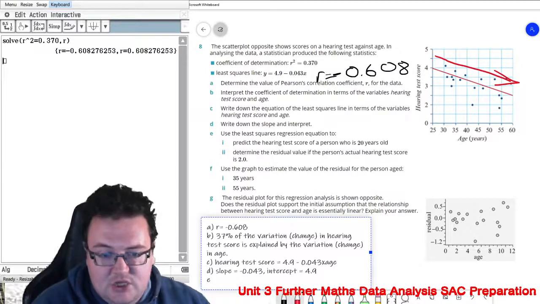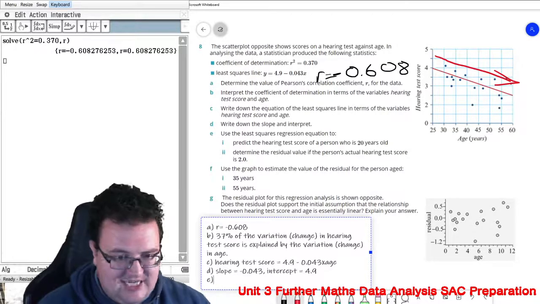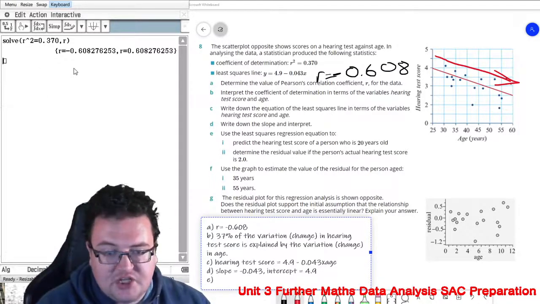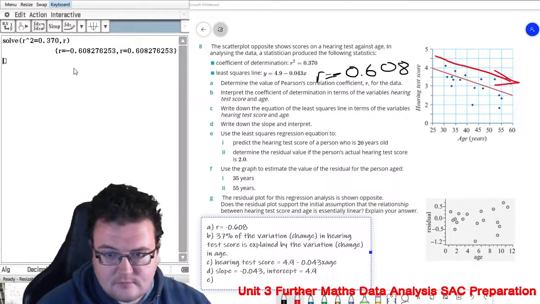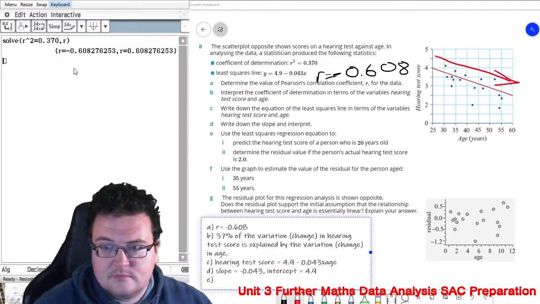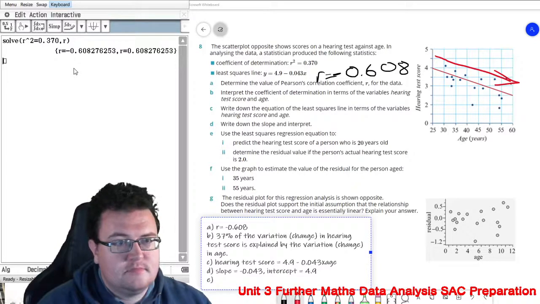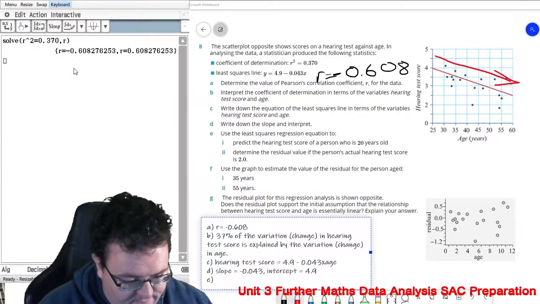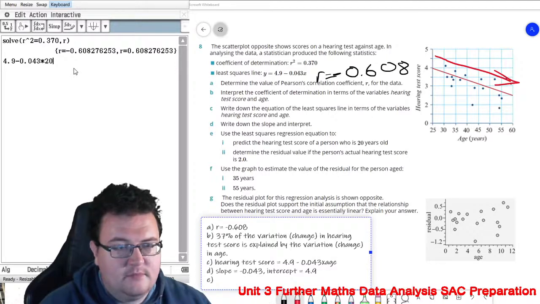All right, question E. Using the least squares regression equation, predict the hearing test score of someone who is 20. So we go over to our CAS, we put in our equation, so we want the hearing test score of someone who is 20. So that's going to be 4.9 minus 0.043 times 20.